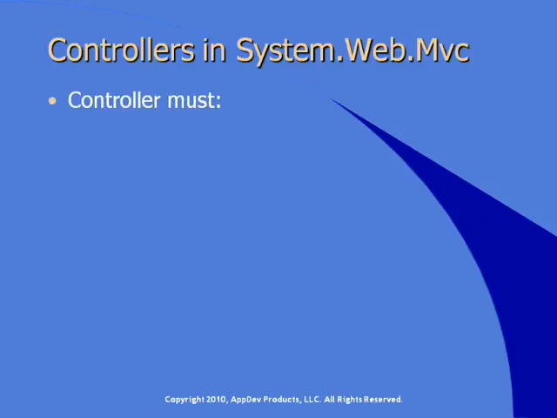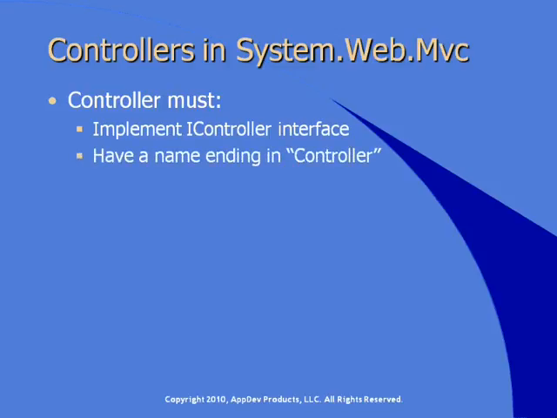It's important that you learn about and understand how the controller is implemented in the system.web.mvc namespace that is installed with ASP.NET MVC. Ultimately, a controller is a controller if it meets two simple requirements. First, that it implements the IController interface, and the name of the class ends with the string Controller.